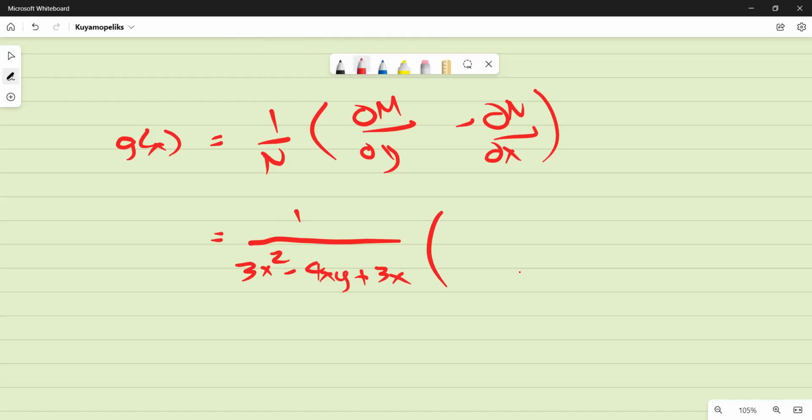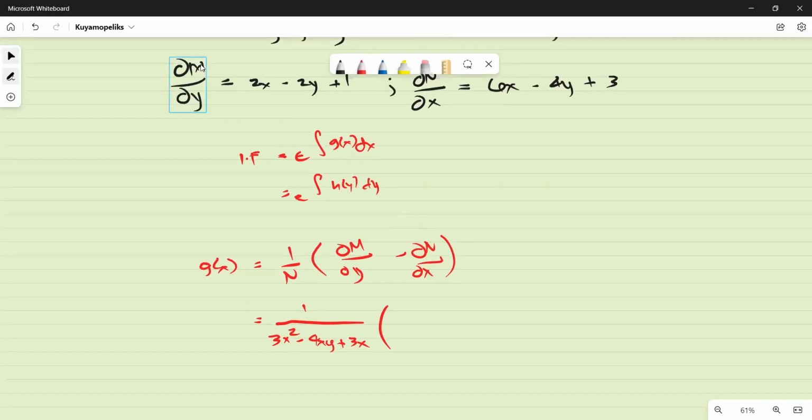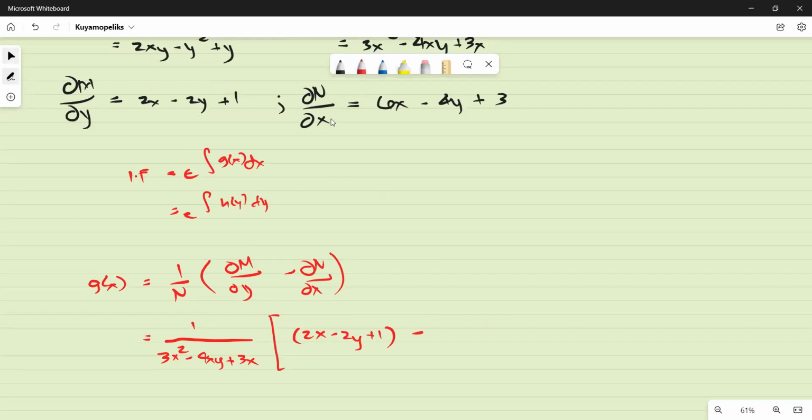Then the difference from our test for exactness: the partial of M with respect to y, which is 2x minus 2y plus 1, minus the partial of N with respect to x, which is 6x minus 4y plus 3.